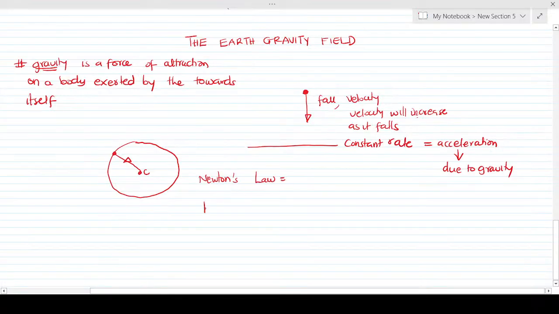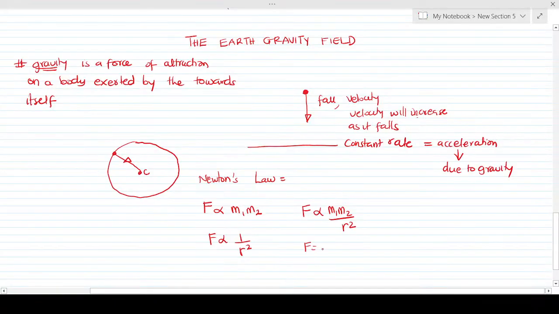Now, Newton's law of gravity states that the force that exists between two bodies is directly proportional to the product of their masses and inversely proportional to the square of the distance between their centers. Putting these together, F is directly proportional to M1 M2 over R squared.